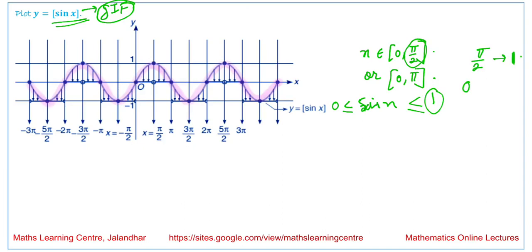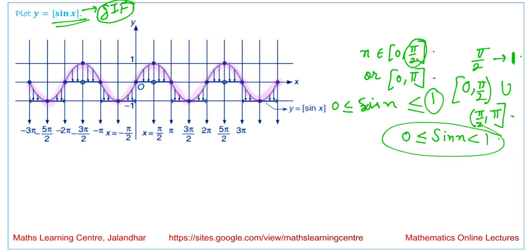For the values between 0 to pi by 2 union pi by 2 to pi, sin x varies as 0 is less than or equal to sin x is less than 1, and the greatest integer value corresponding to this interval will be 0. So for all these points the value is 0 over here. This is the point corresponding to pi by 2, where the answer is 1. Then again it is a straight line over here.